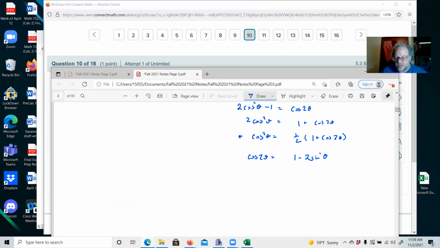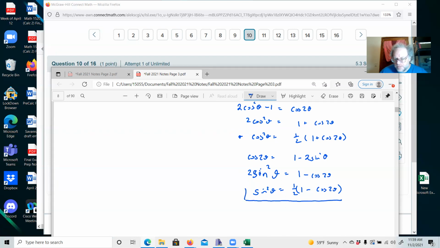So our next step is going to look something like this. I want sine squared theta, which is equal to 1/2 times (1 minus cosine 2 theta). Again, other double angle formula.